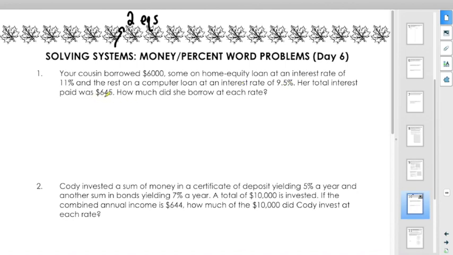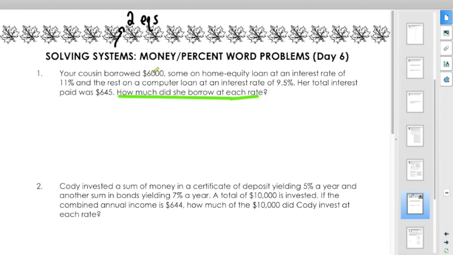Okay, that's a lot, and it's kind of hard to see or figure out what it is that I'm trying to find. But always remember what I tell you about the last sentence in a word problem. Look at this. How much does she borrow at each rate? Right there, each rate. That tells me what is my x and what is my y. So I'm looking for two different rates here. Okay, well, let's read back in this question.